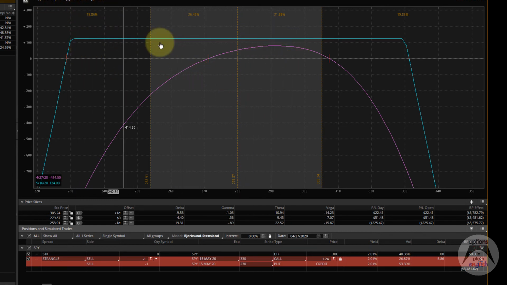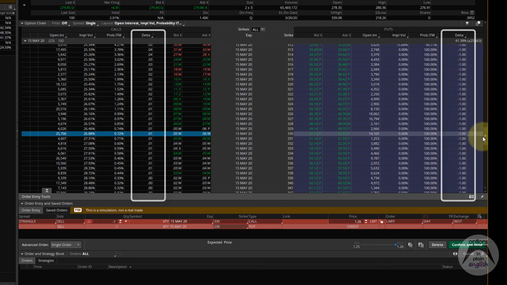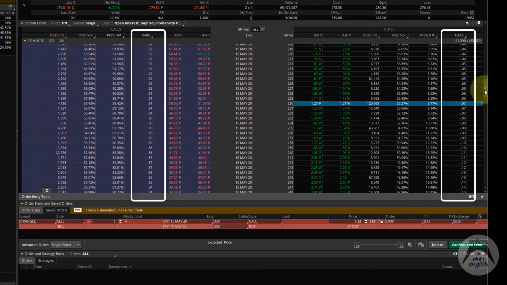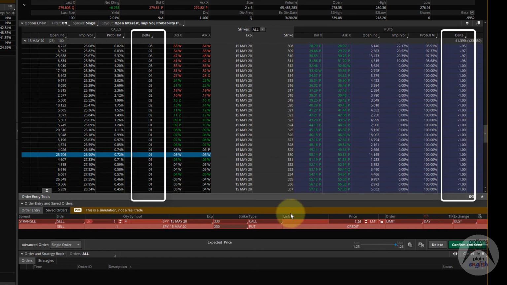So what we're going to do here, now that we know that this one is delta positive, is go back to the options chain and take a look at what's going on. So the 230, 330: the 230 put has 7 deltas and the 330 call has 1 delta.